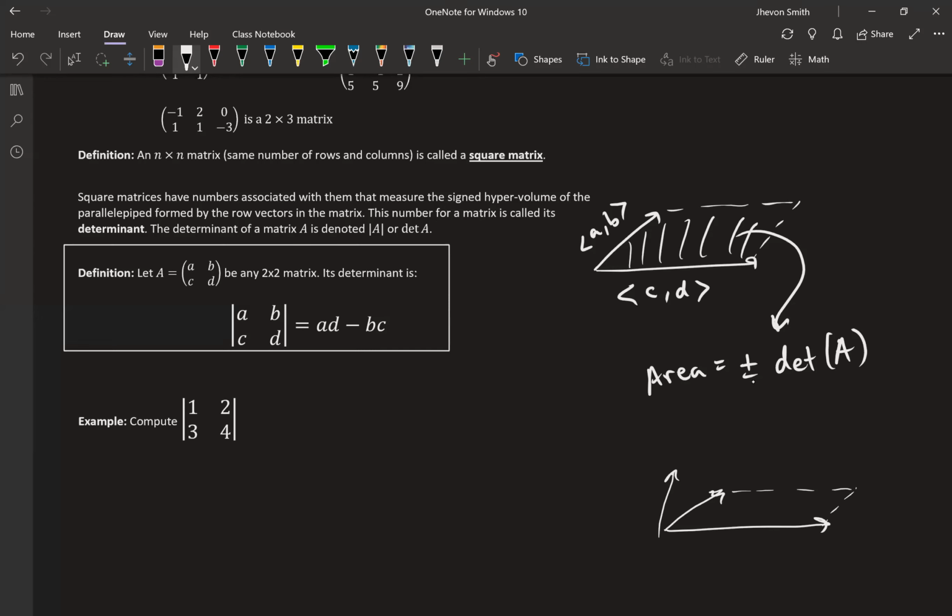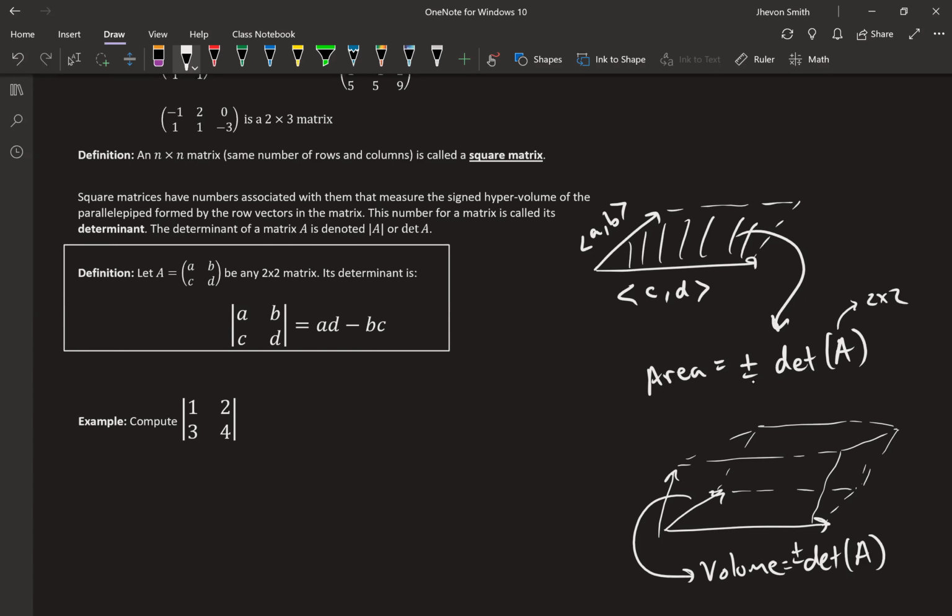Here's a 3rd vector, this can form a parallelogram with that, this forms a parallelogram with that, this goes across here, this goes across there, this goes across here. Then the volume of this is the determinant of A, plus or minus, right? Where in this case, A is a 2x2, and in this case, A is a 3x3. And the rows are the components of the vectors. So that's what this number is. You don't need to know that really. What you do need to know is how to compute them.